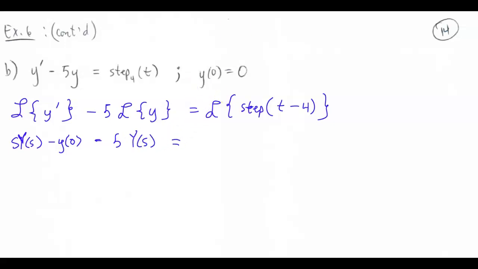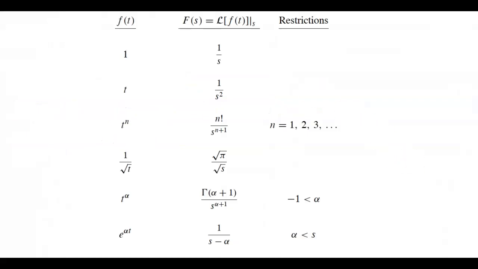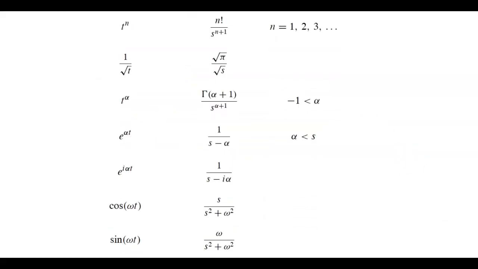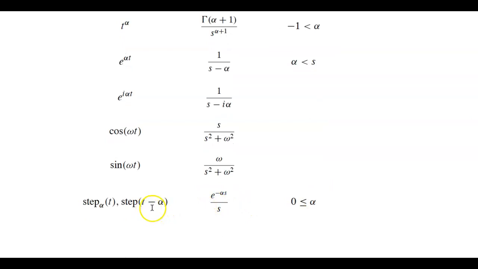And for that step function, if we look at a chart here, we see that the shifted step function is going to be e raised to the minus alpha s, all that divided by s, where of course alpha is going to be greater than or equal to 0 in this particular case.